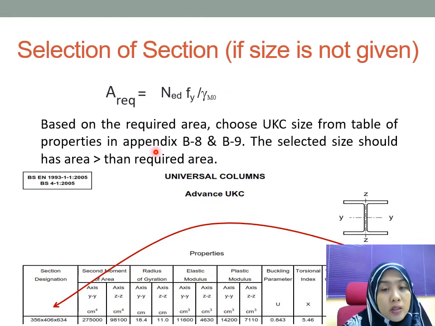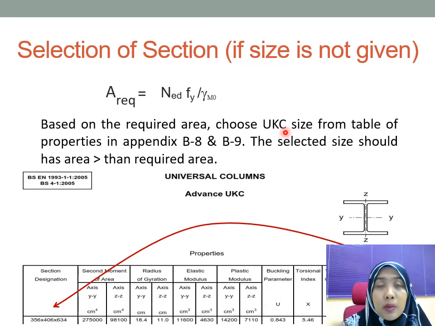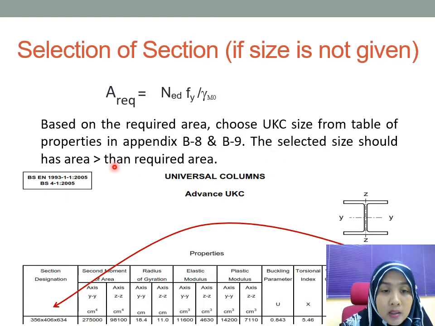Based on the required area, choose a UKC size. The appendix you are going to use for UKC sizes is on the last pages of your appendix, Appendix B8 and also Appendix B9. The selected size should have an area greater than the required area.